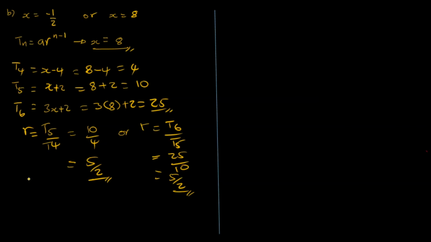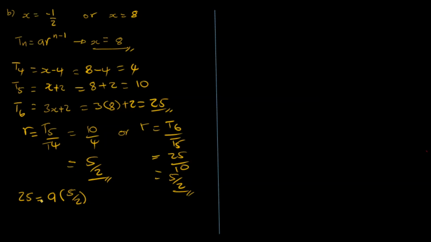Therefore, I'm going to go ahead and calculate the value of A. I'm going to use term 6, or term 5, or term 4. Let's go with term 6, which is 25. You don't know the value of A, but you know the value of R, which is 5 over 2.